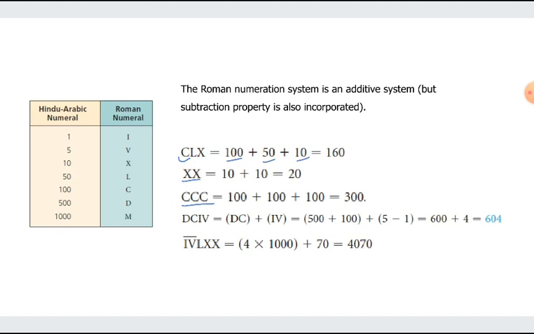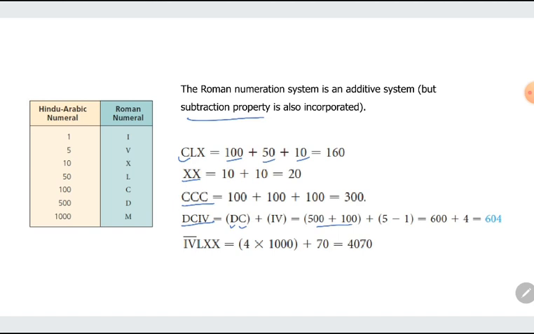Okay? Another feature is if the numeral placed before another is smaller than the next numeral, you have to do subtraction. So that's how they incorporated the subtraction property. For example, DC, IV. So D and C, D is 500, C is 100, so you don't have a problem.